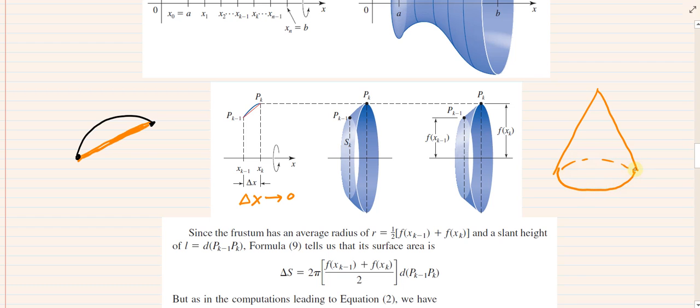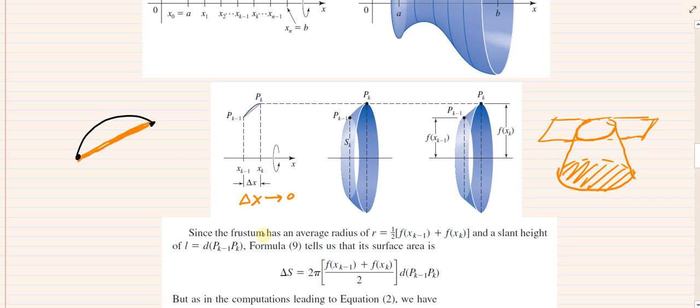Now if a plane crosses this cone at an angle that is parallel to the base of the cone, and this would be like the impression that it leaves, now imagine shearing off this top portion. The plane actually cuts it off. It's like a knife cutting the cone. And there you go. This is what they call the frustum of a cone.